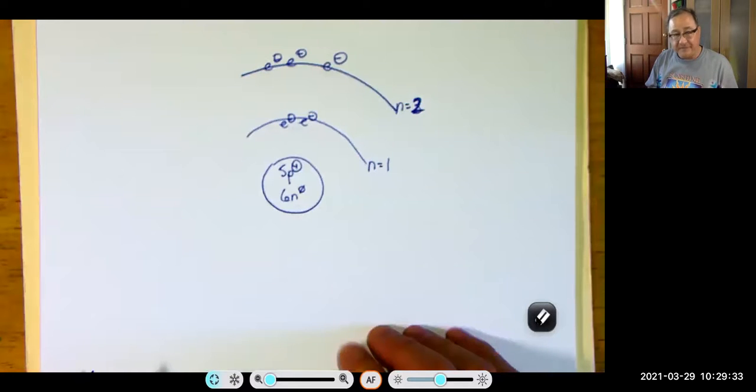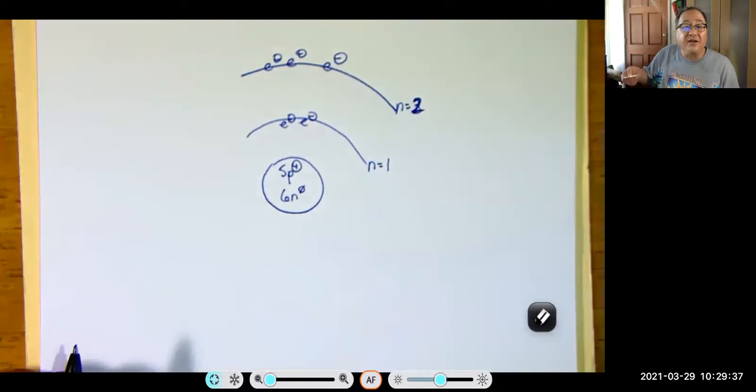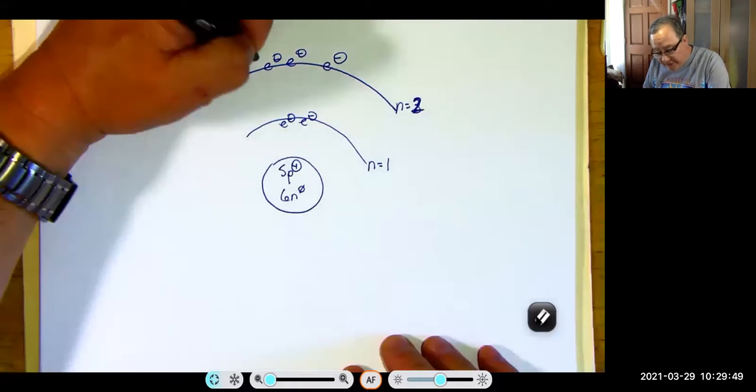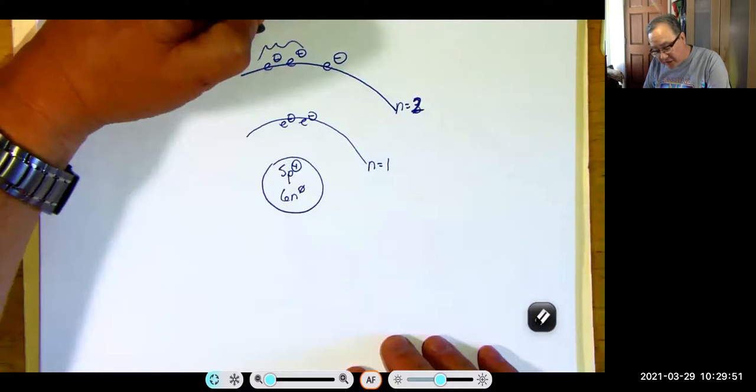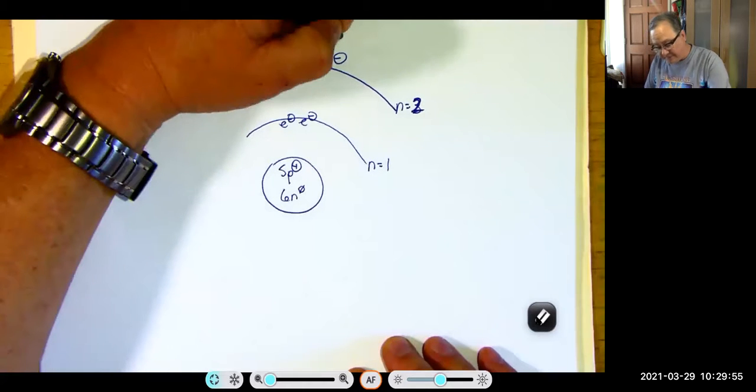Okay? Why does the focus on that look so bad? Yeah, that's better. Okay, so here, let's call these 2s electrons, and let's call this one a 2p electron.